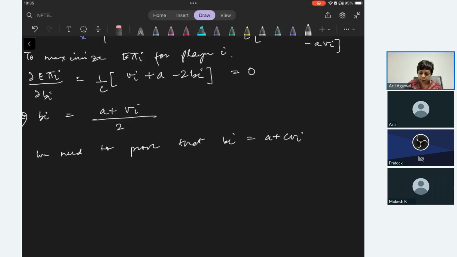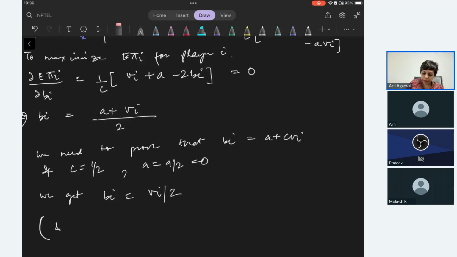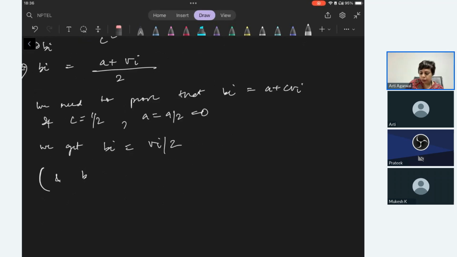Now if we put C equal to half, we get VI by 2 equal to the CVI part. And if we put A by 2 equal to 0, then A disappears and we get BI equal to VI by 2. Since we have solved for A and C, you can say Bj is also equal to Vj by 2. So this is how you do the proof.